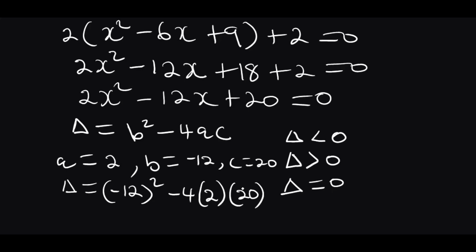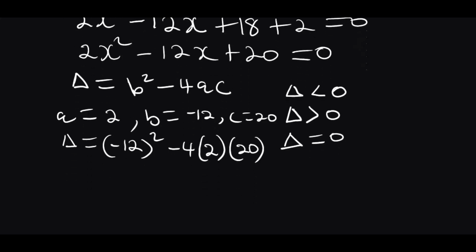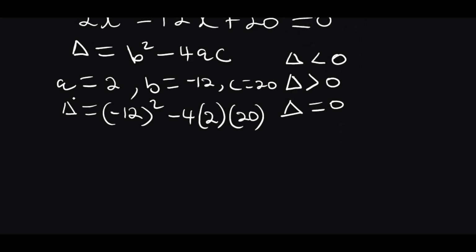Let us put this information in the calculator. Now, the discriminant is equal to negative 4.